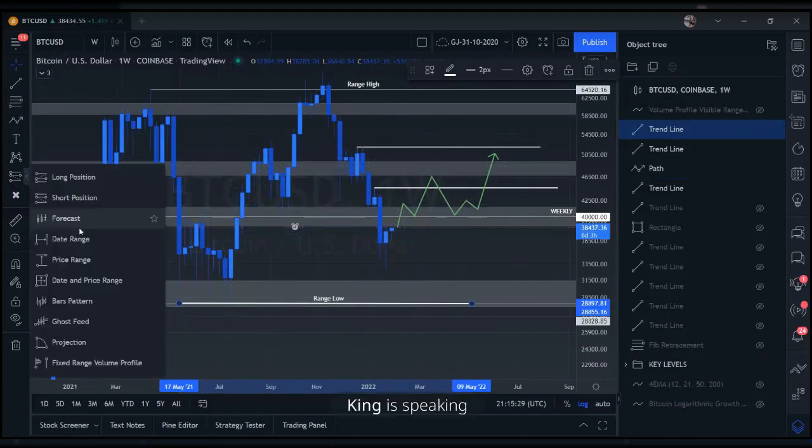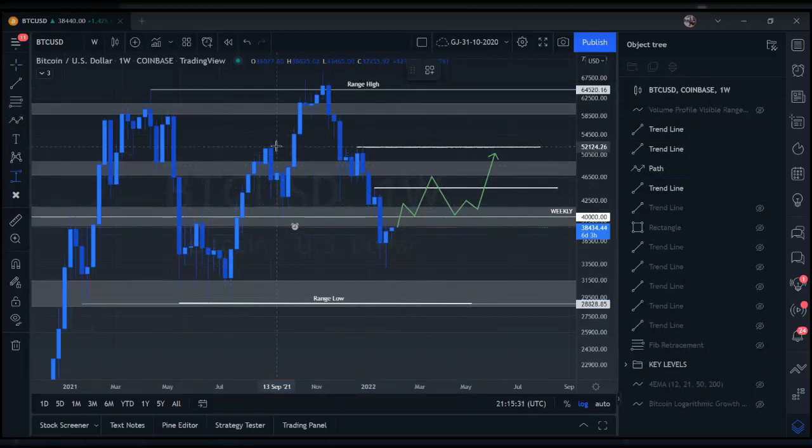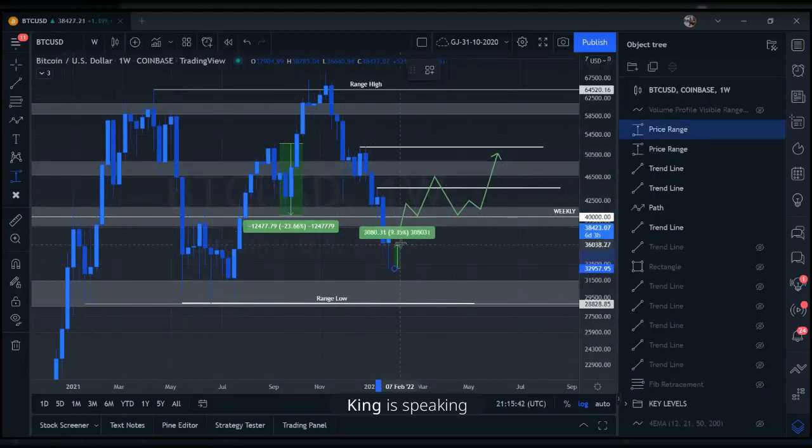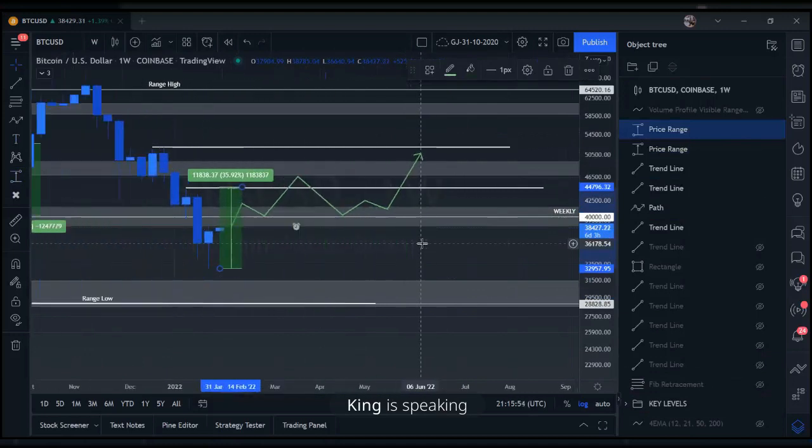If we look at this pullback here, it's about 23%. So if we look at a possible pullback on the other side, we could be seeing here possibly, let's say 30-40% to that level, just to get people fully confident that we've changed back to bullishness.